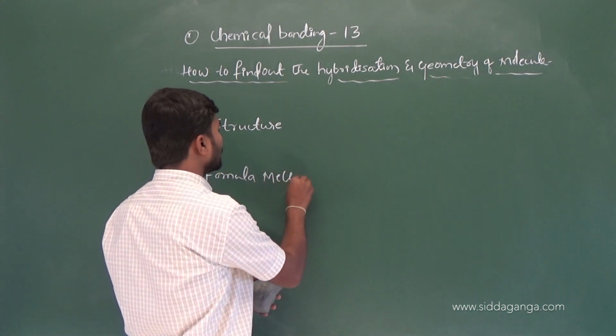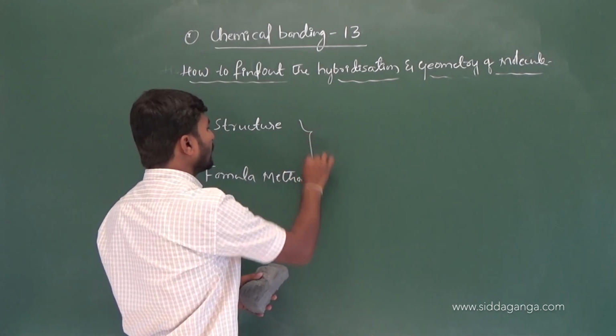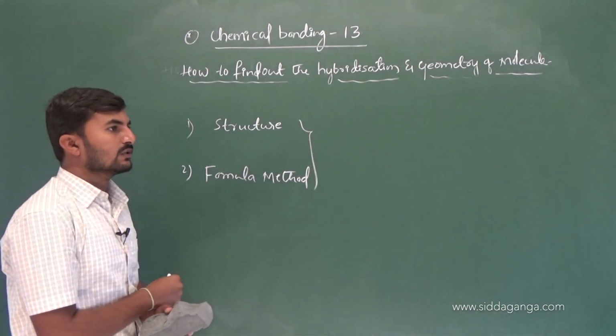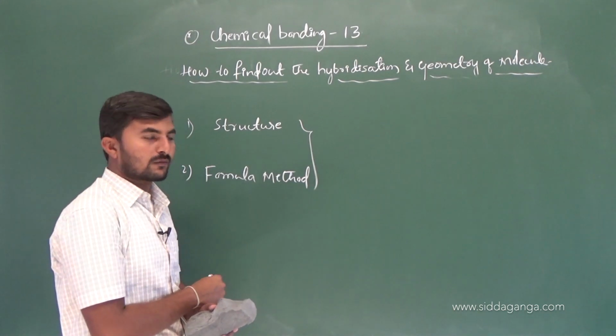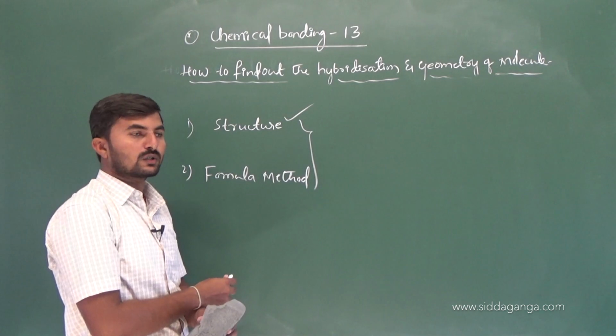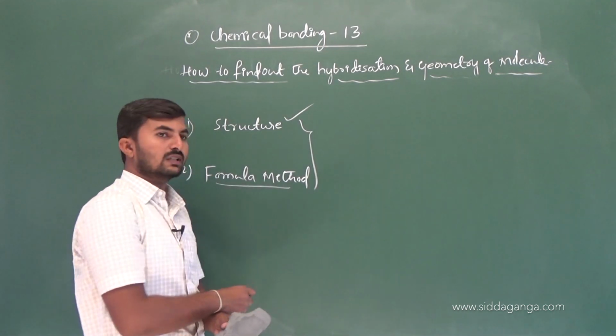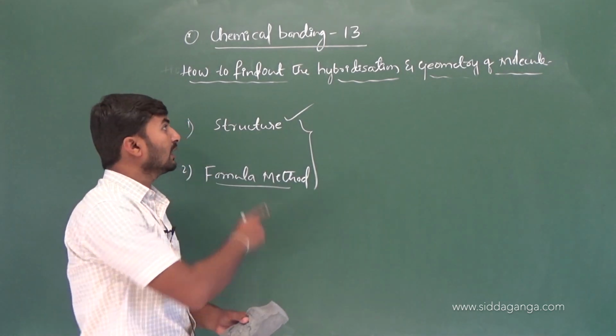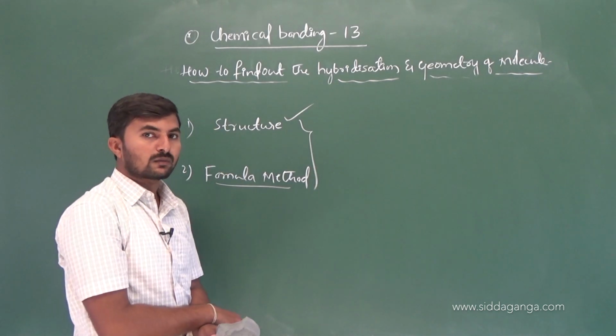There are two methods to find out the hybridization of different molecules. By the first method we must know the structure of the molecule. By the second method, by using the formula, we can easily calculate the hybridization of the different molecules.